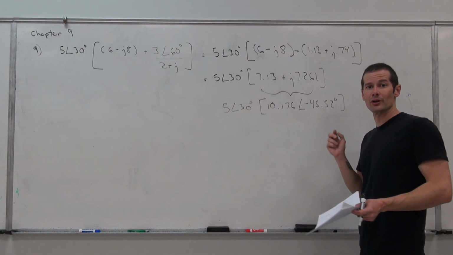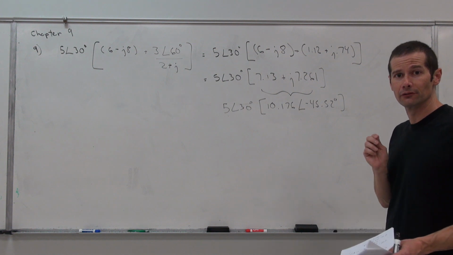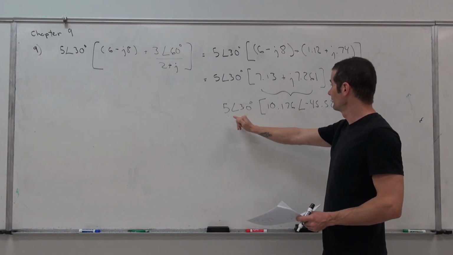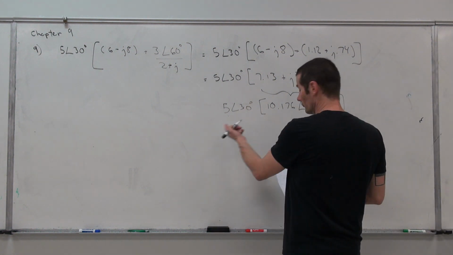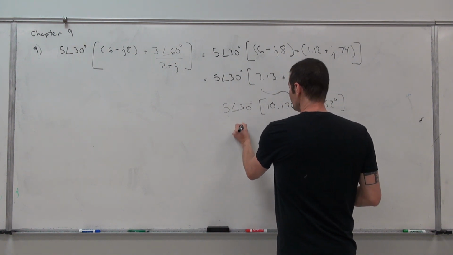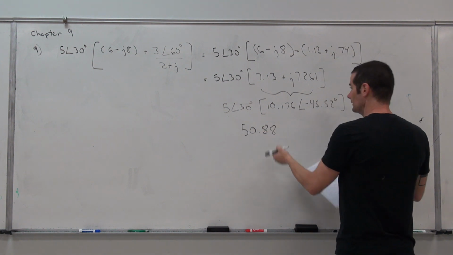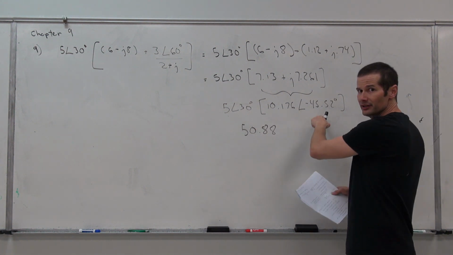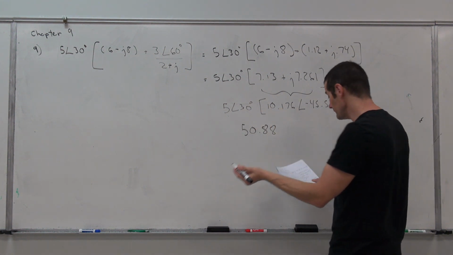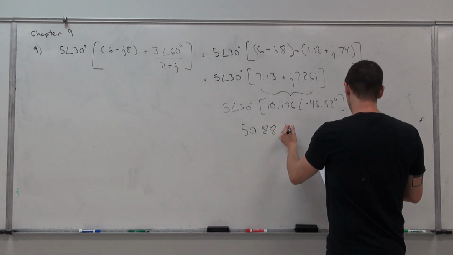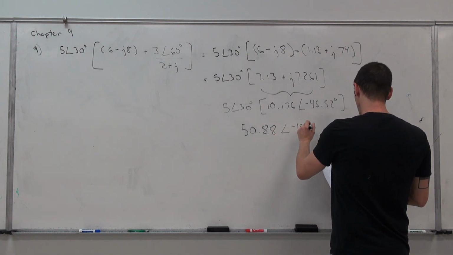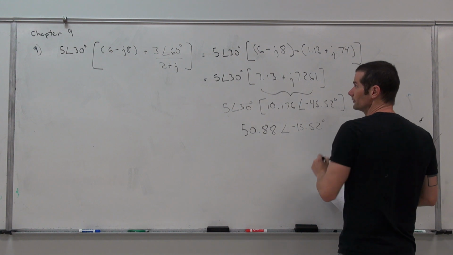The only time we subtract angles is when we're doing division. So 5 multiplied by 10.176 gives us 50.88, and then we add 30 degrees and negative 45.52 degrees, and that comes out to be negative 15.52 degrees.